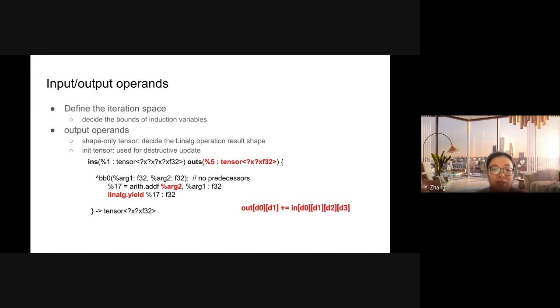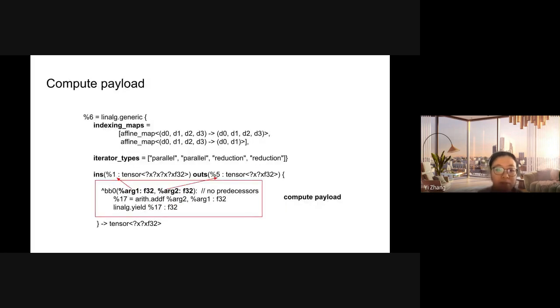So in this case, the output tensor needs to be initialized with a valid initial value, and its initial value matters. Usually those are for reduction loops.